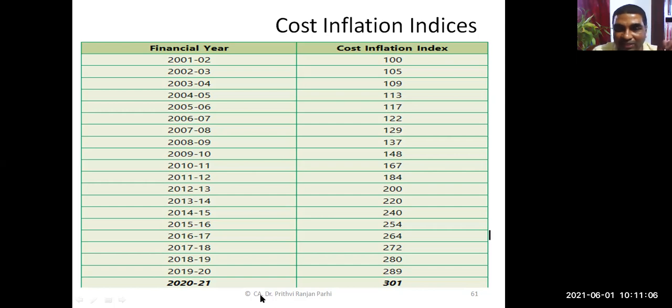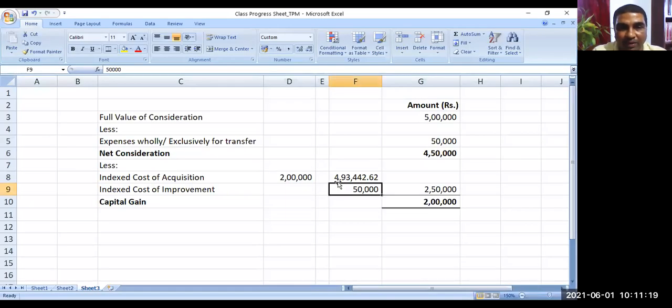That's what we'll be doing. So now this divided by 167, 167 into 301. Now you see what is the amount.